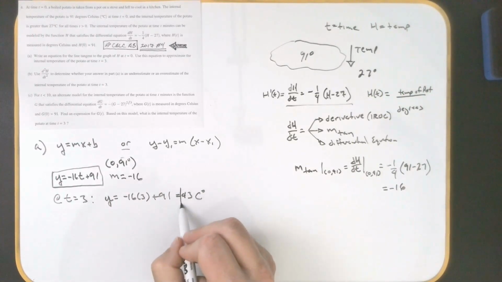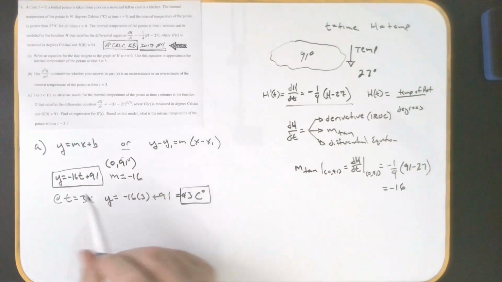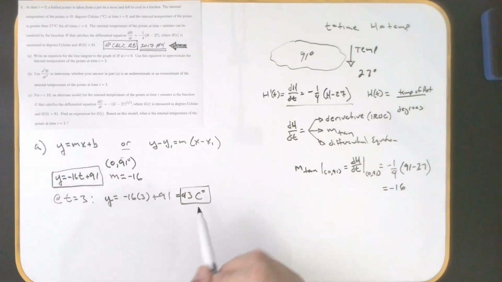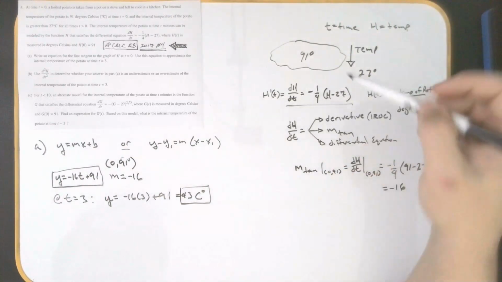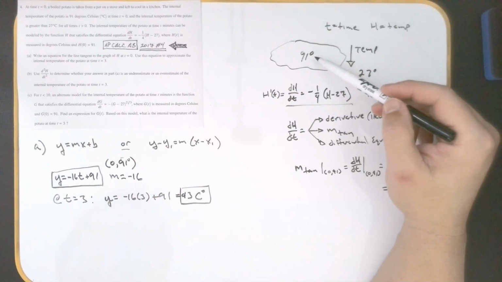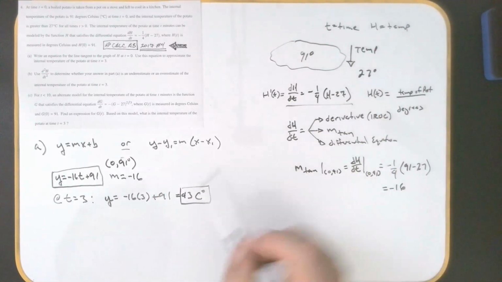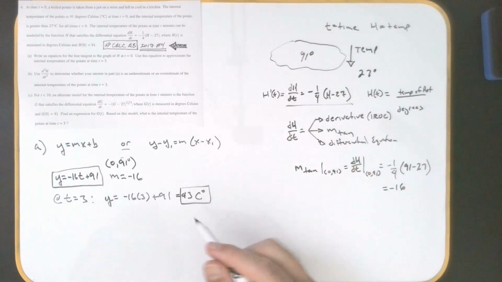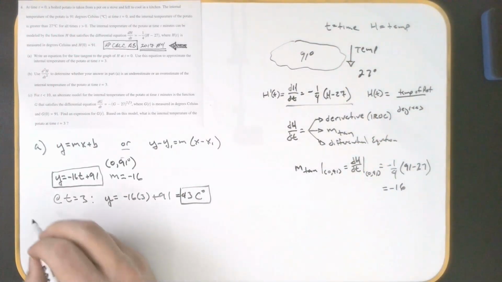So those are our 2 answers right there. There was our tangent approximation, and here was our actual evaluation at t equals 3, 43 degrees Celsius. That would make sense. It was 91 degrees, took it out of the pot, and it cooled off pretty quickly. After only 3 minutes, it's down to 43, but that makes sense. The temperature's going down the whole time.